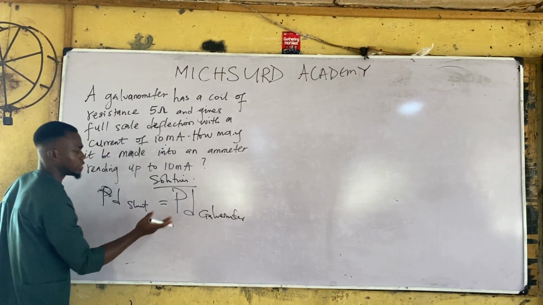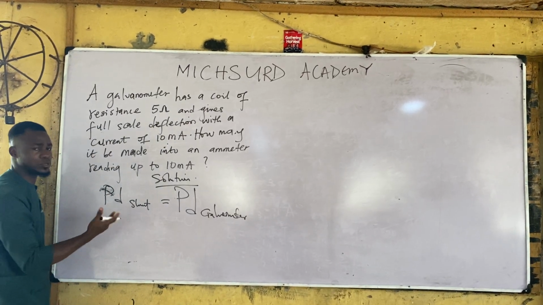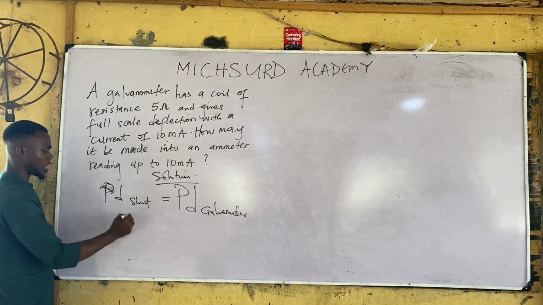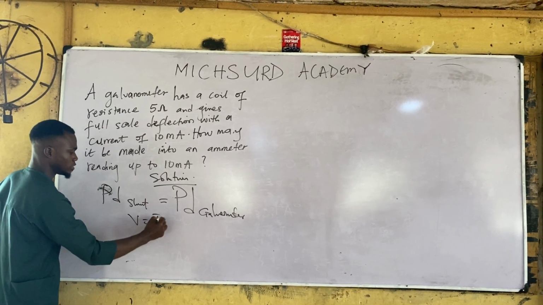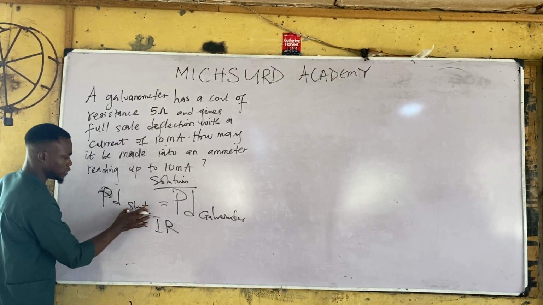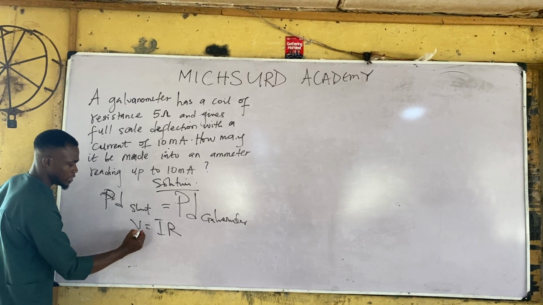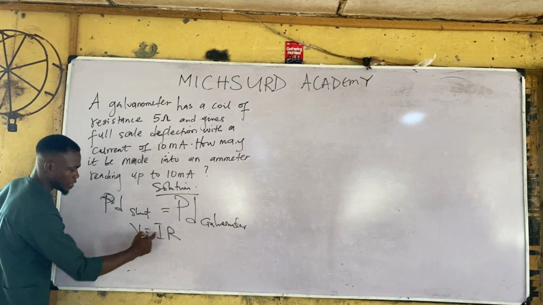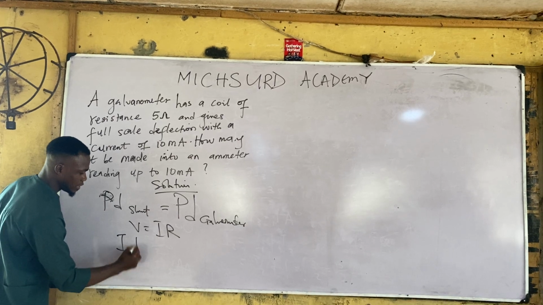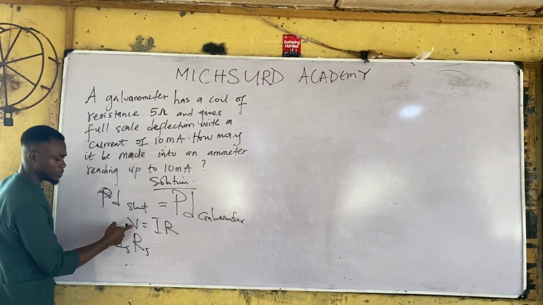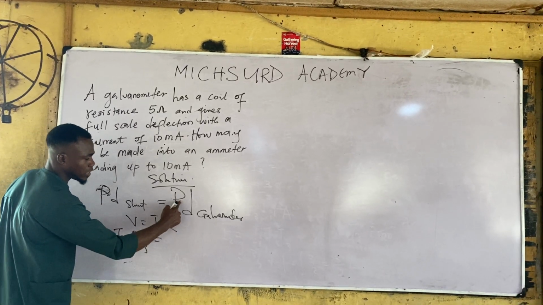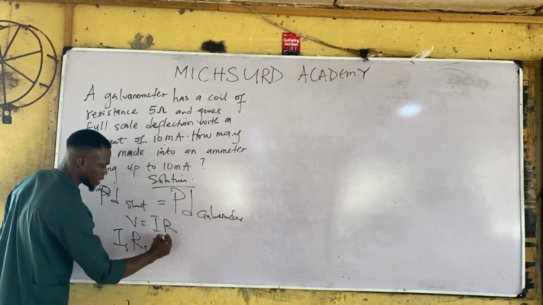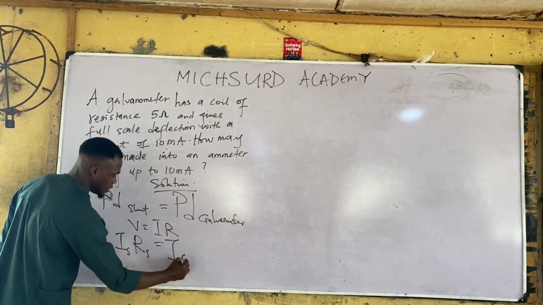When we talk about potential difference, we are looking at the potential drop, which is given as V equal to IR. So for the shunt, the potential drop will be Is Rs, from the formula, and it will be equal to the potential difference in the galvanometer, Ig Rg.